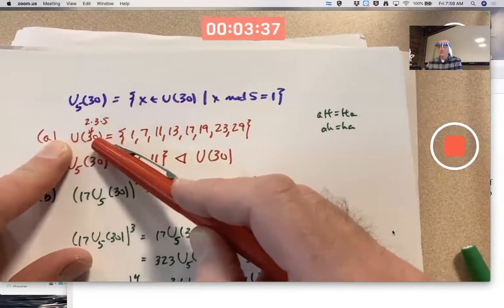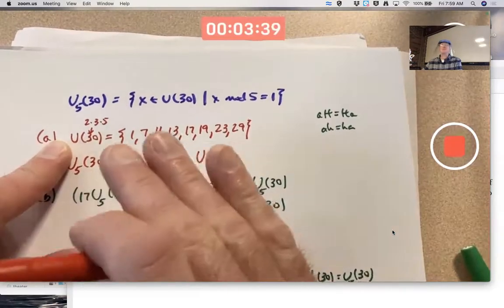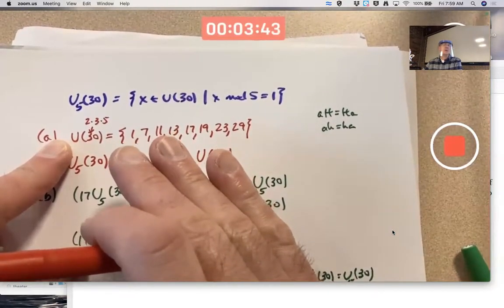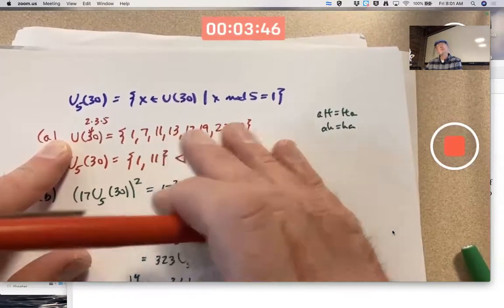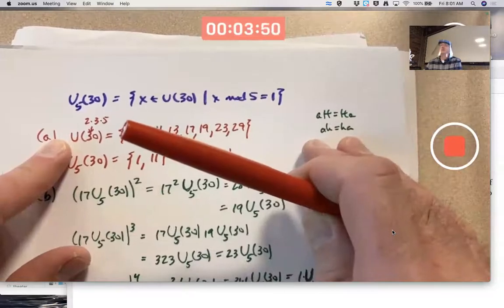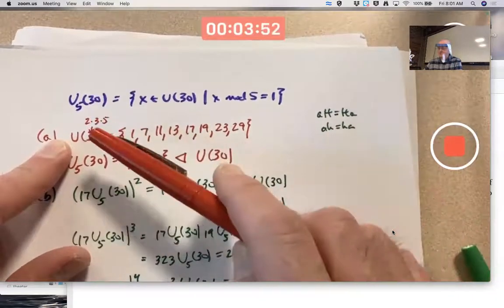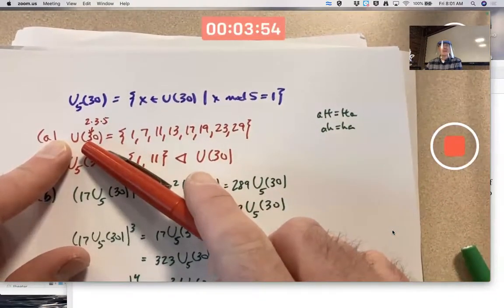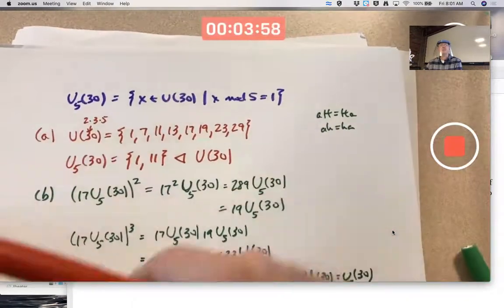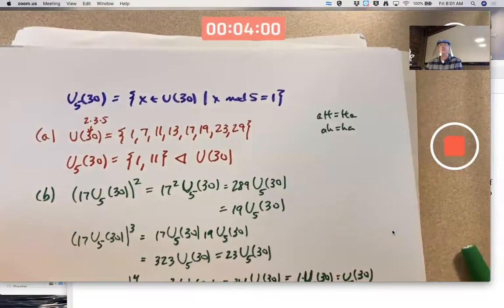When you've got different numbers in the U groups, they're never subgroups of each other. They could be subsets. One U group could be a subset of another U group, but they're never subgroups because the operation's not the same. Because you're always modding by whatever number's in there. Multiplication mod that number. And if you've got a different U group, it can't possibly be a subgroup because it's a different operation. You're modding by a different number.